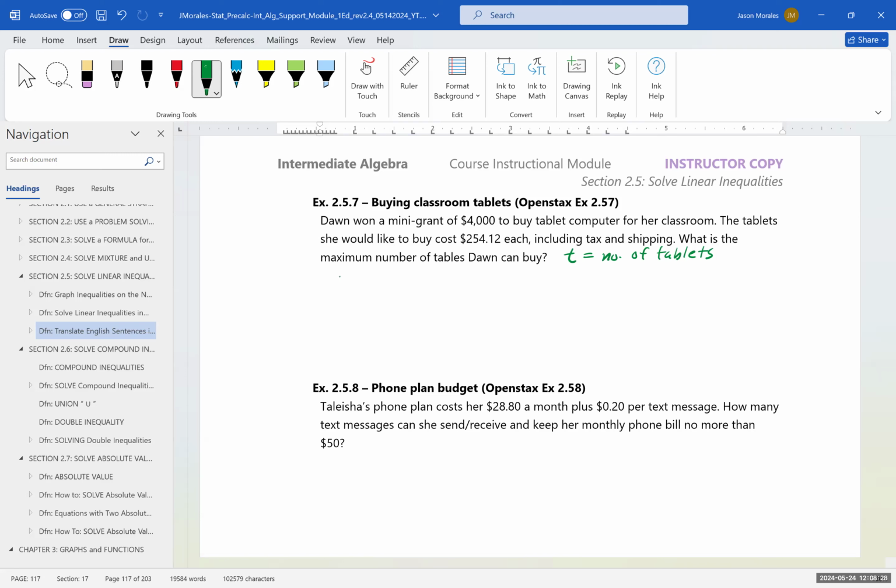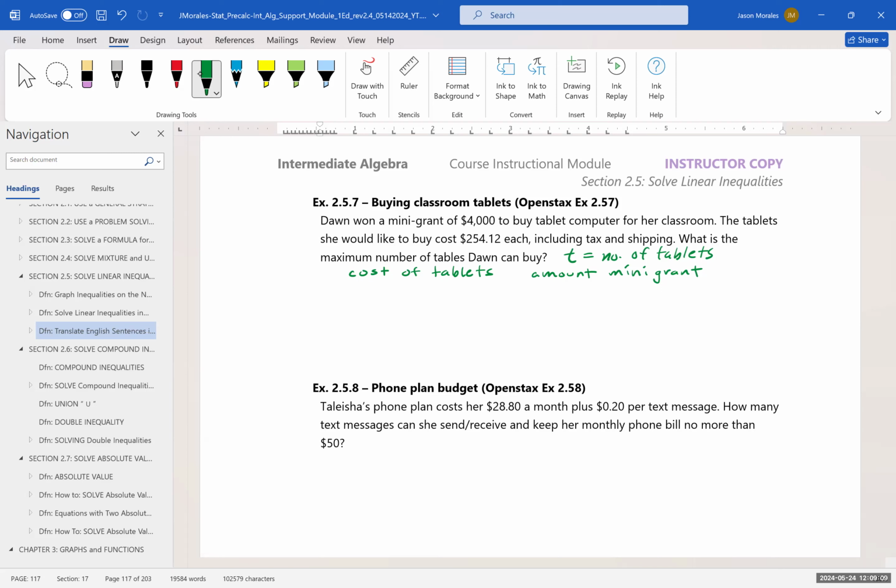We're looking at some kind of relationship between the cost of the tablets and the amount of the mini grant. We have the cost of the tablets on one side and the amount of the mini grant on the other side. It's really unclear as far as what the inequality should be, so we need to think of this within the context of the word problem.